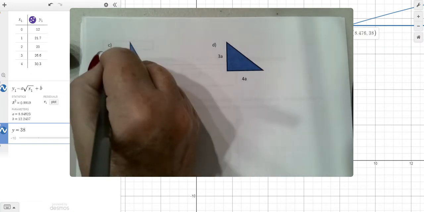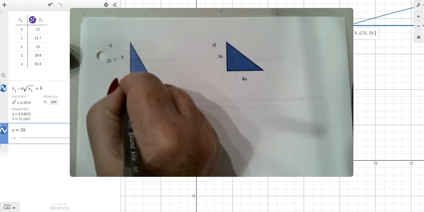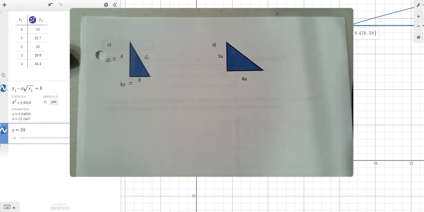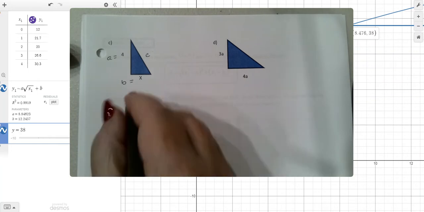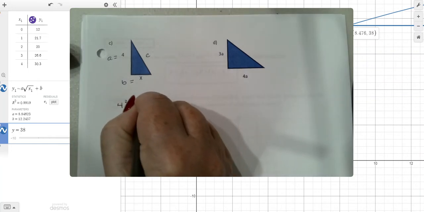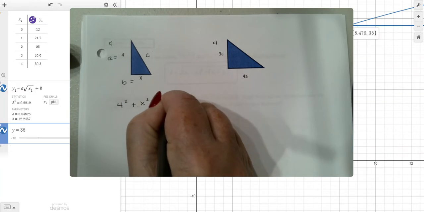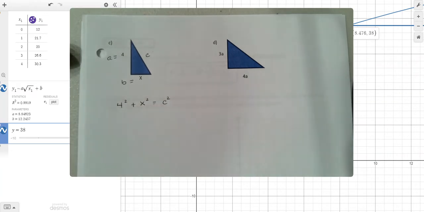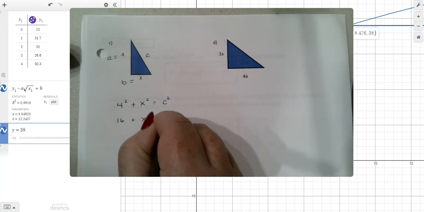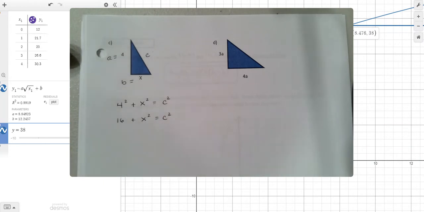So in this problem, A is 4, B is x, and C is our unknown. So my equation would be 4 squared plus x squared equals C squared. That's 16 plus x squared equals C squared.